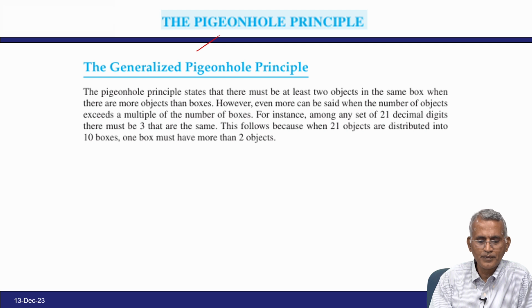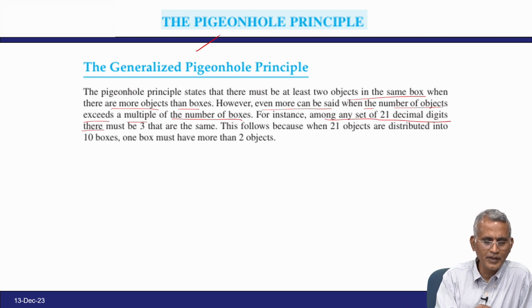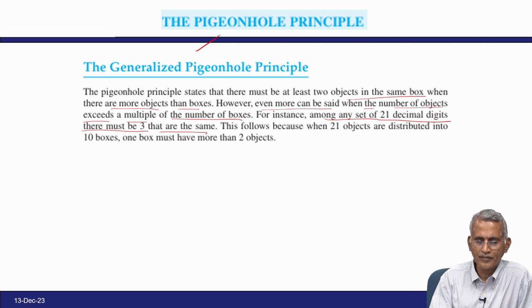The pigeonhole principle states that there must be at least 2 objects in the same box when there are more objects than boxes. However, even more can be said when the number of objects exceeds a multiple of the number of boxes. For instance, among any set of 21 decimal digits, there must be 3 that are the same.